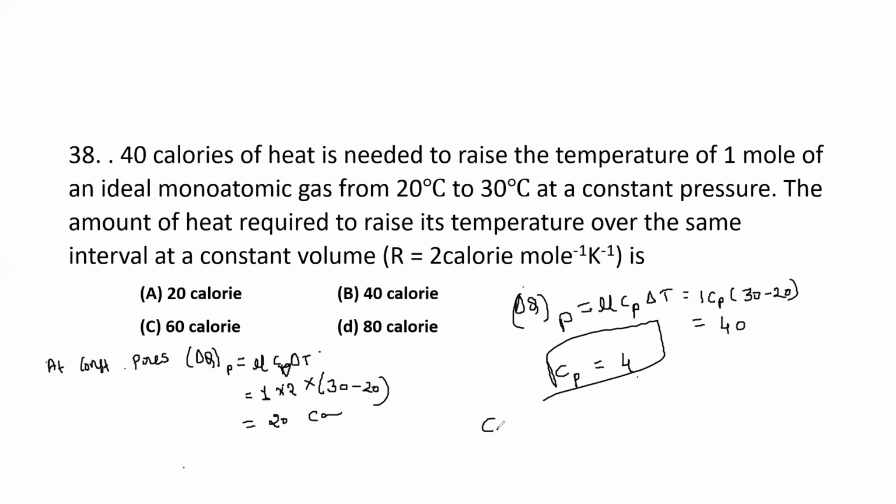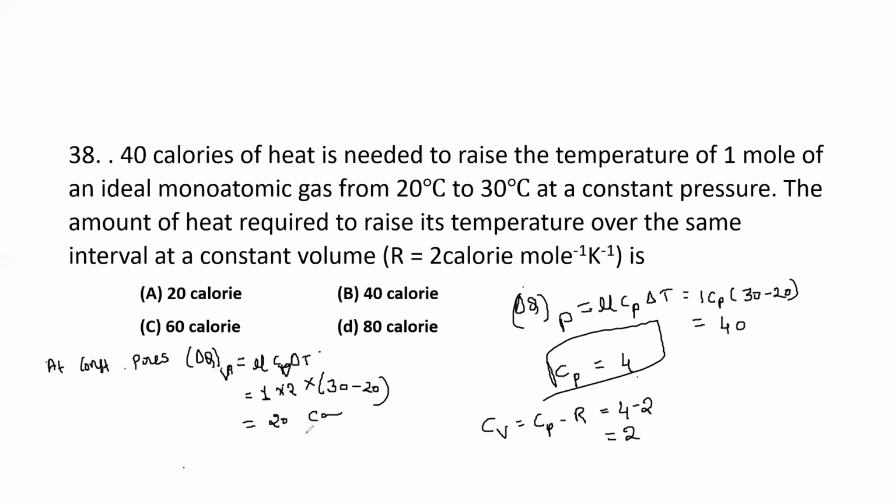Now we have Cv is equal to Cp minus R, which is equal to, Cp is 4, R value is given as 2. That is nothing but it is 2. Okay, now in this equation, for Q V is equal to, so mu value is 1, Cv value just now we calculated, it is 2, and here it is 30 minus 20.